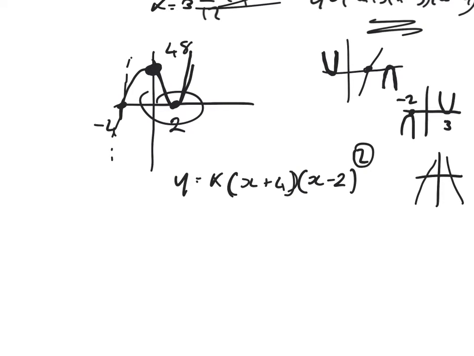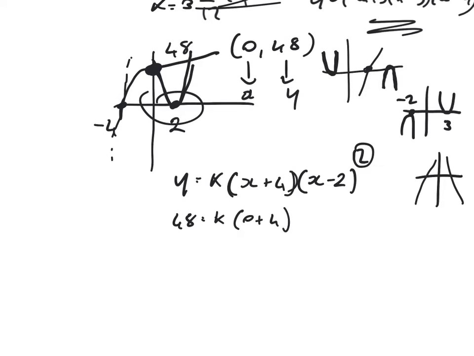Okay, so we're passing through the y-axis at 48, so that's the point 0, 48. When the x-coordinate is 0, the y-coordinate is 48. Okay, so take your time. 0 plus 4 is 4. That's multiplied by 0 minus 2 is minus 2.